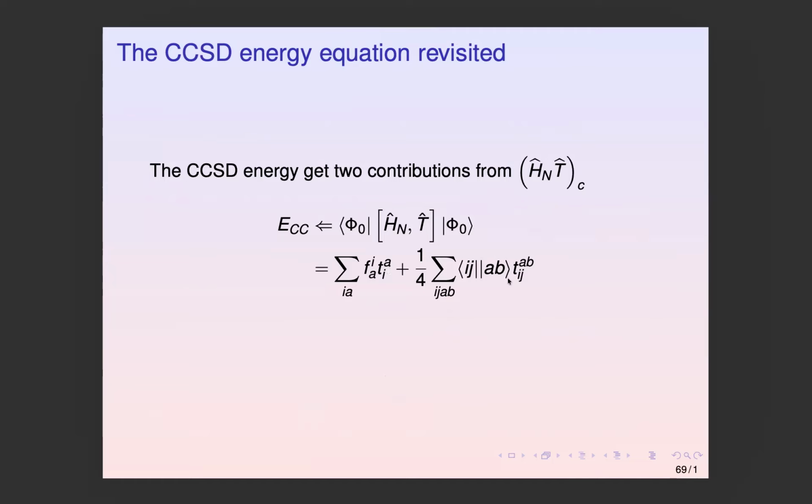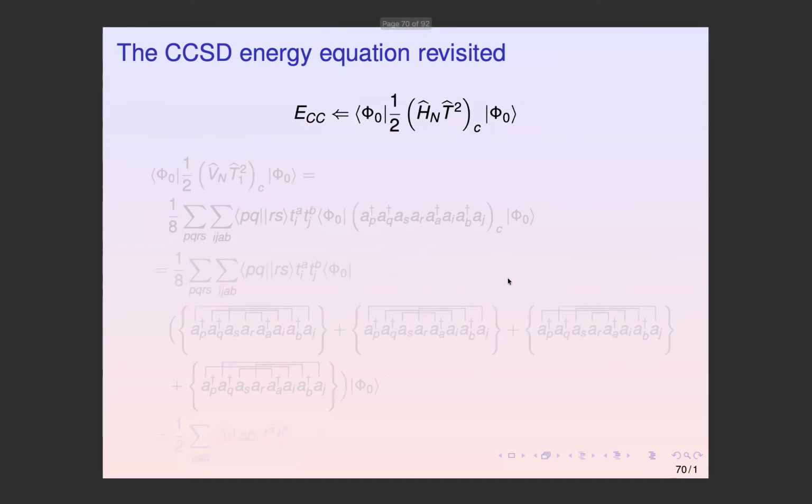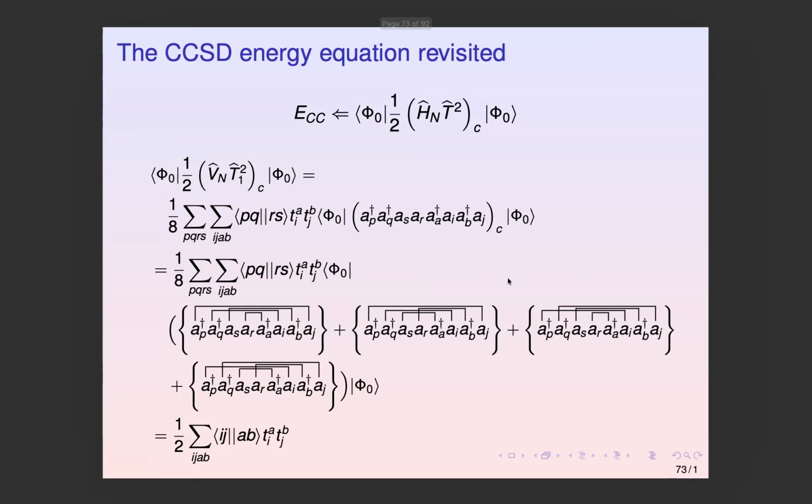This is the two-body operator. And then we have a term with a T squared. The only term which contributes, because T squared with a two-body operator would give a 4-particle 4-hole, and the interaction would at most reduce it to 2-particle 2-hole, is the one with the T1 amplitudes. And that was the third diagram which we had there.